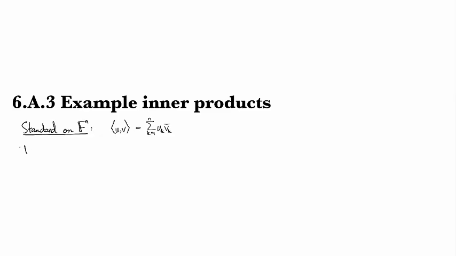So the next thing that you can do to make it slightly more spicy is you can add some weights. And when you do this, you need to make sure that the weights are positive, or it can break definiteness. So what you do is you just have now the sum from k equals 1 to n of ck uk vk conjugate.